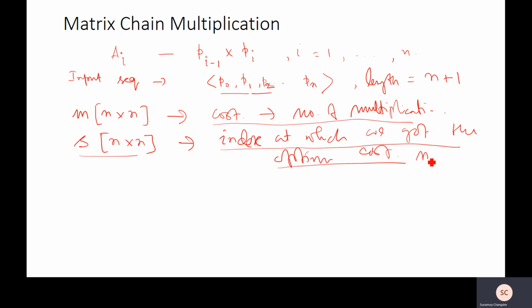Okay, for computing Mij, we can define this.